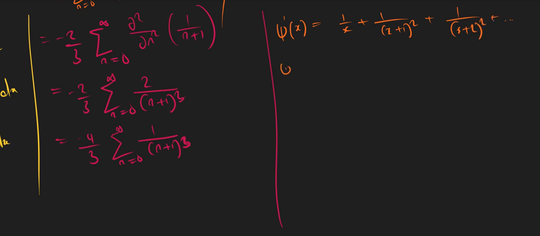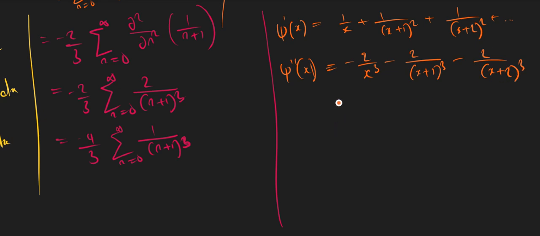So psi prime, the second derivative of the digamma function of x, is going to be equal to negative 1 over x cubed, of course. So negative 2 over x to the third minus 2 over x plus 1 to the third, and then minus 2 over x plus 2 to the third power.